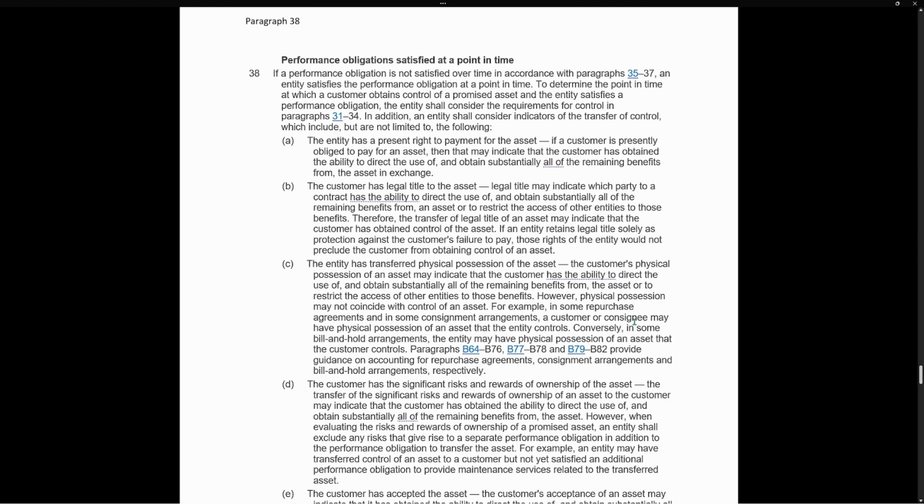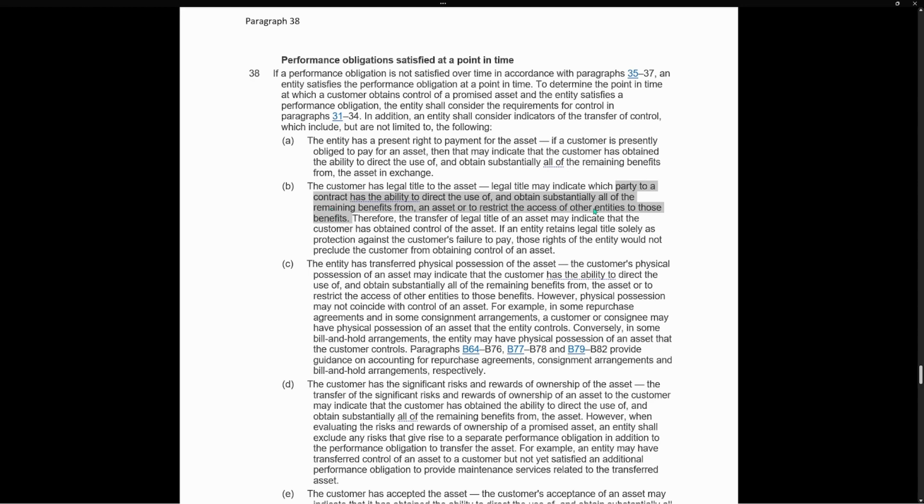There is a very important part that is hidden here that I want to talk about, and here it is. Party to contract has the ability to direct the use of and obtain substantially all of the remaining benefits from an asset or restrict access of the other entities to those benefits.